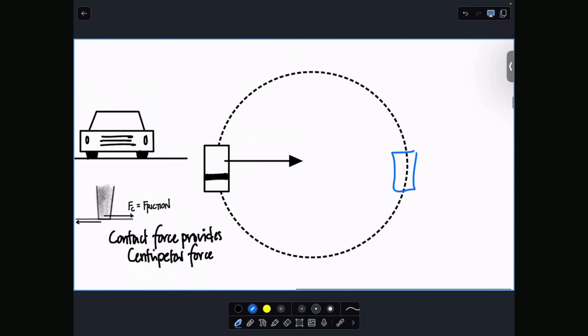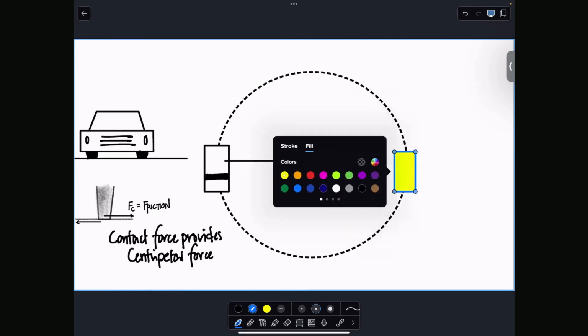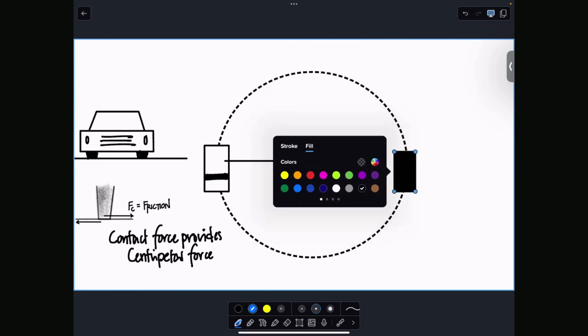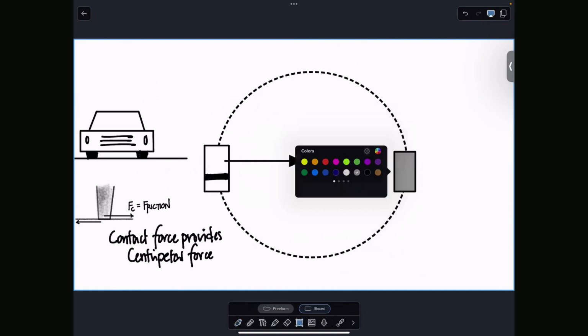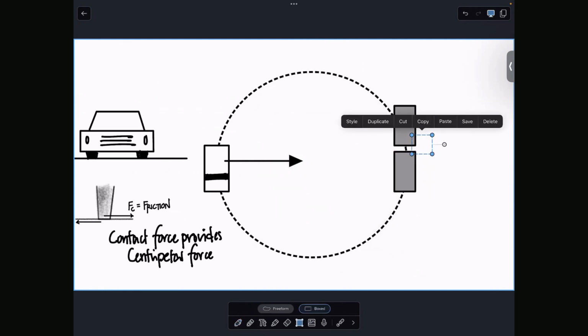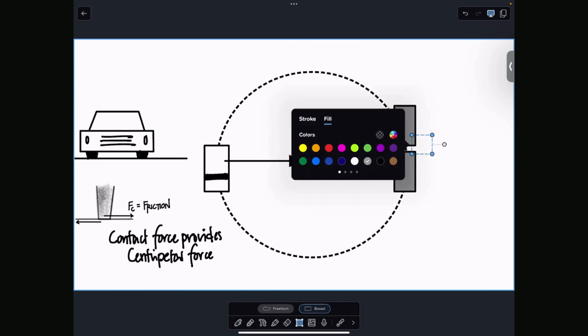So we'll do this separately here. This is the car going forwards. Right. So the car's actual path is supposed to be this one. I'll just do another version.